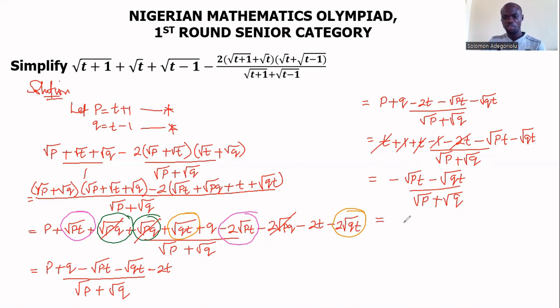Let's factorize this. When you have root ab, it's the same thing as root a times root b.